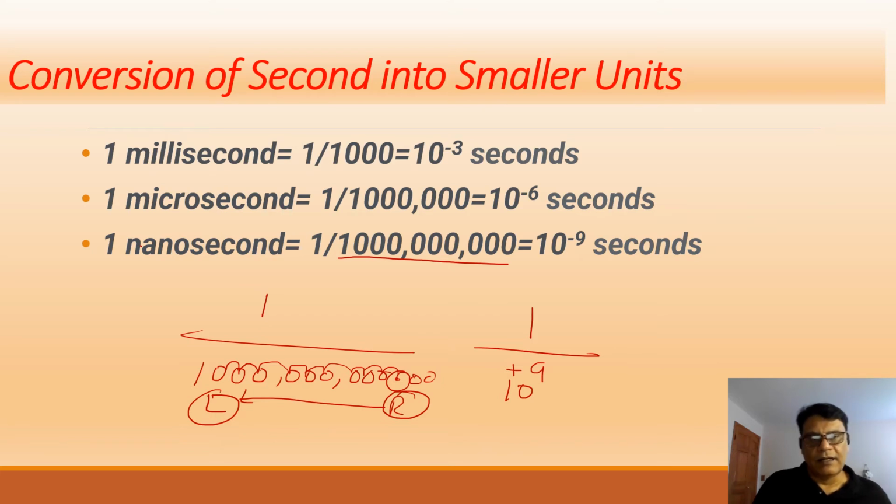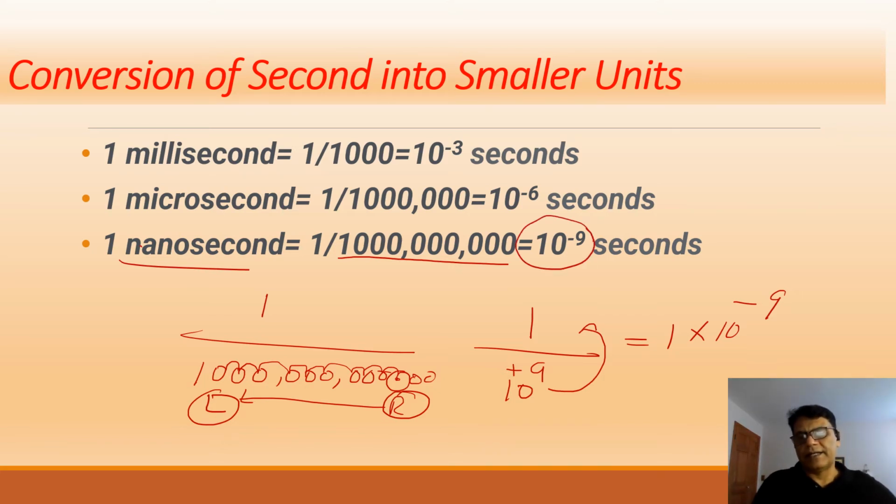than 10. And now again, the same way, you will change your denominator into the numerator, and it will become 10 raised to power -9. So 1 nanosecond is equal to 10 raised to power -9 second.